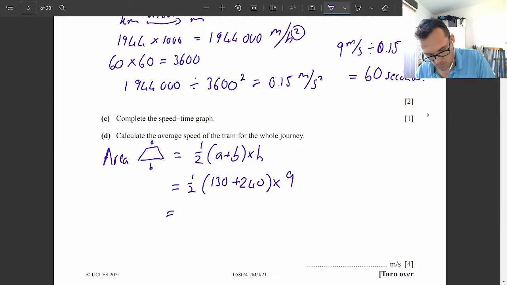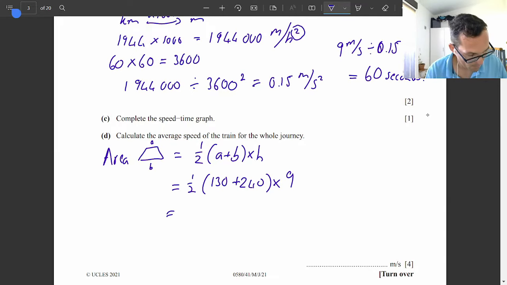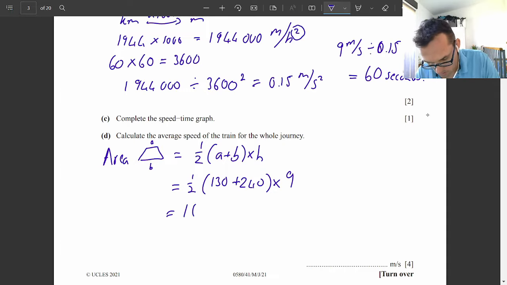So all we need to do is put that into our calculator. And then we get an answer of 1,665. And what is this? This is the distance traveled. So that would be meters.